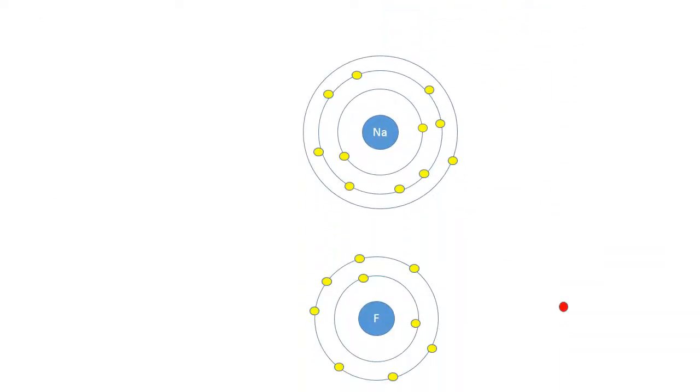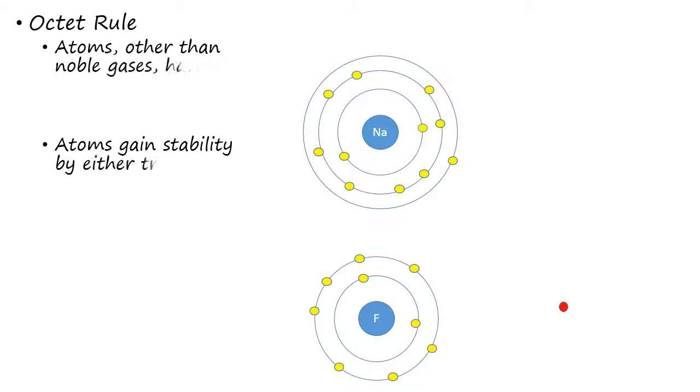You may have noted from earlier that the magic number for stability in electron configuration is having 8 valence electrons in the outer energy level, except for helium. Helium only has 2 in its outer energy level because that's the maximum that can fill the first principal energy level. Since mostly all other atoms are stable when they contain 8 valence electrons, we call this the octet rule.